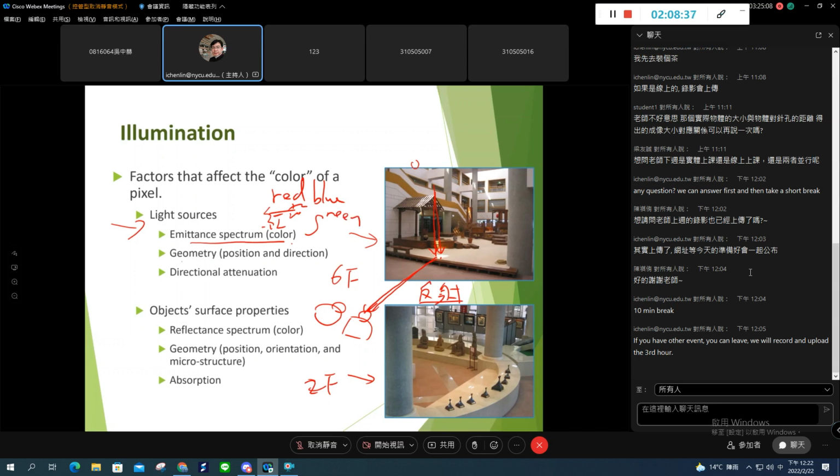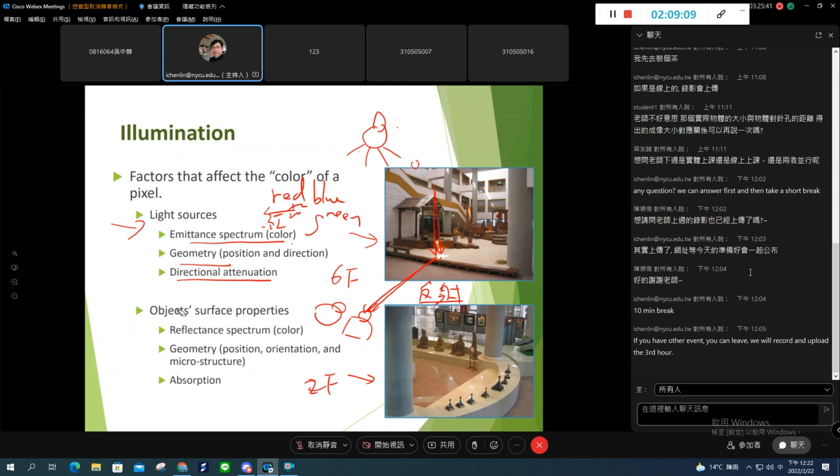And also regarding some geometry, such as if you have different kinds of lamp or light, and sometimes we also have to encounter so-called directional and attenuation. Means your intensity will gradually reduce when you have a long distance from your light source.